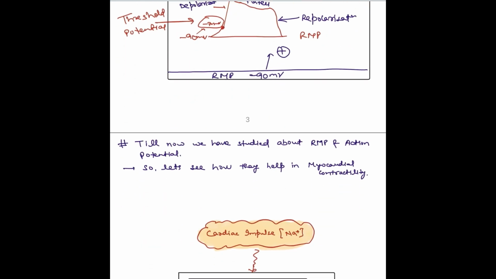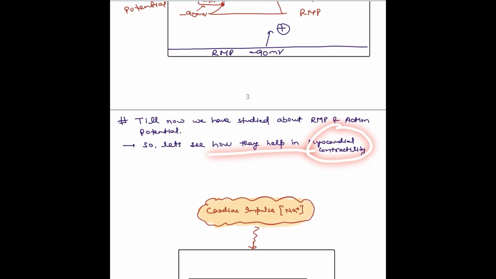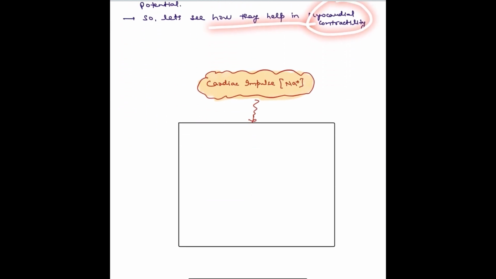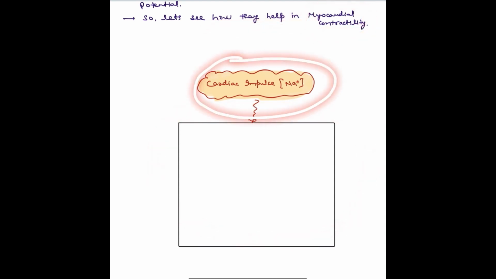So let's see how they help in myocardial contractility. Here is the cardiac impulse and the cardiac myocyte. This is the cardiac impulse generated from the SA node to the AV node and from the AV node to the cardiac myocytes.